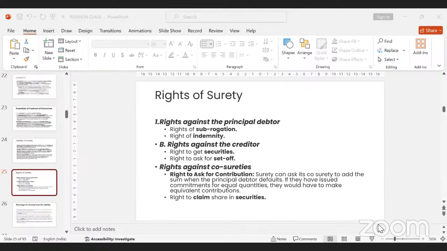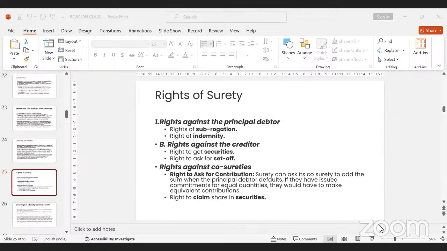My friend can say, okay, since she is not paying the money, and since I have given the guarantee, I will pay, but you first adjust the FD amount. First, take her FD amount and deduct it from the loan amount, and the remaining amount I will pay. That right the surety has.